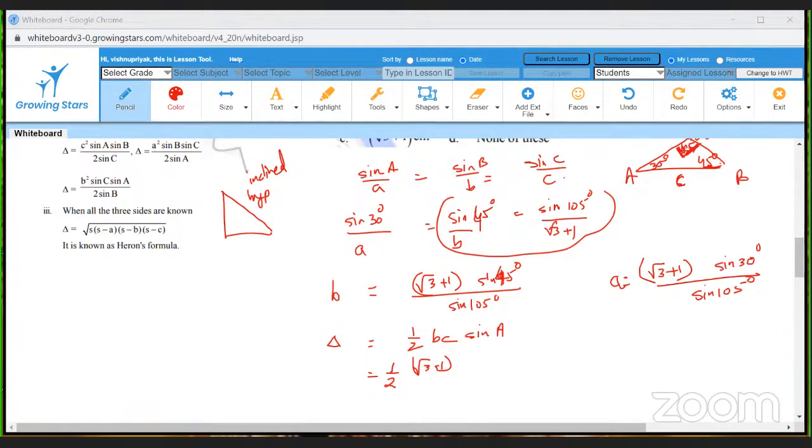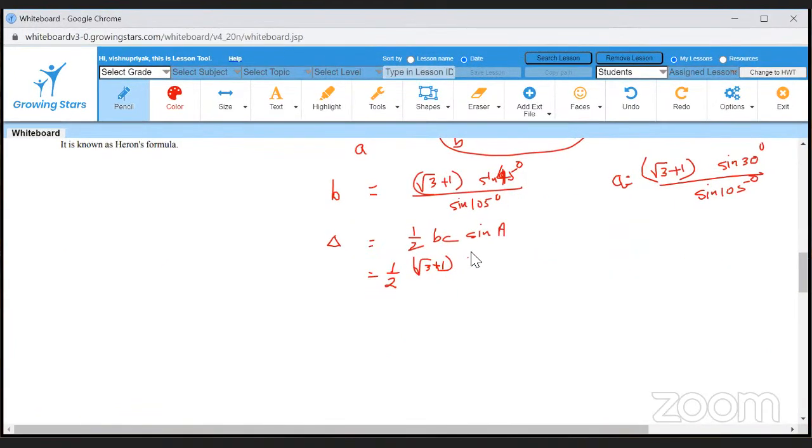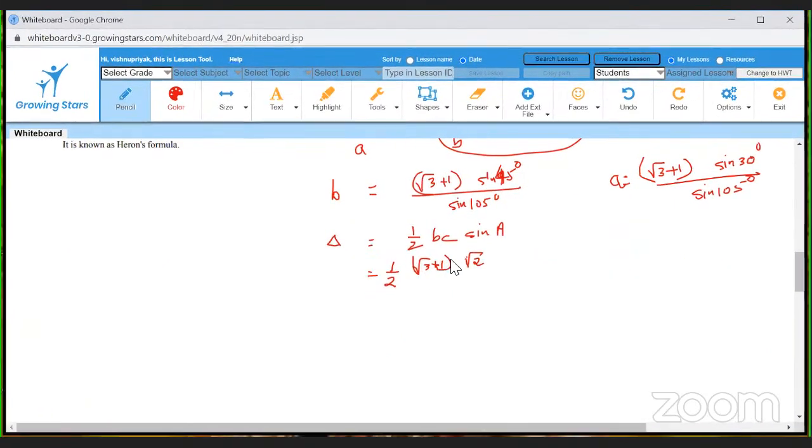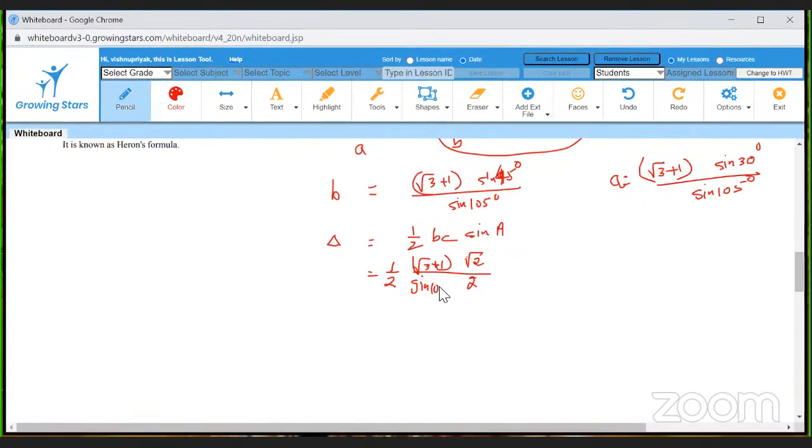You can put it, that would be better. So what is sine 45? One by root 2 or root 2 by 2. Anything you can take. And then you have sine 105 degrees in the bottom. Why did I keep sine 105 degrees? You will come to.